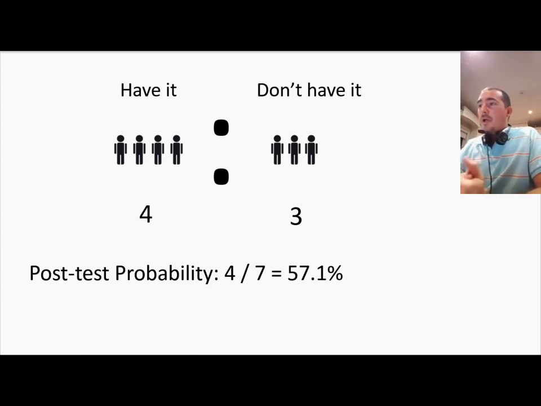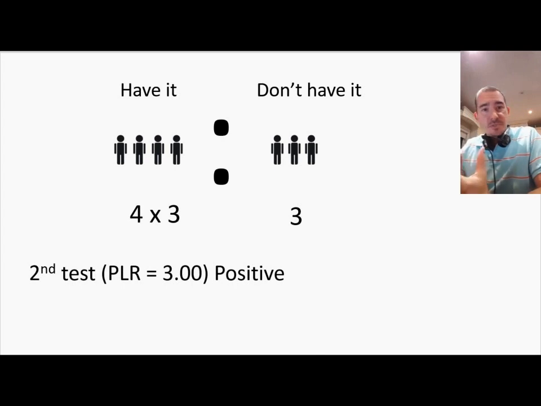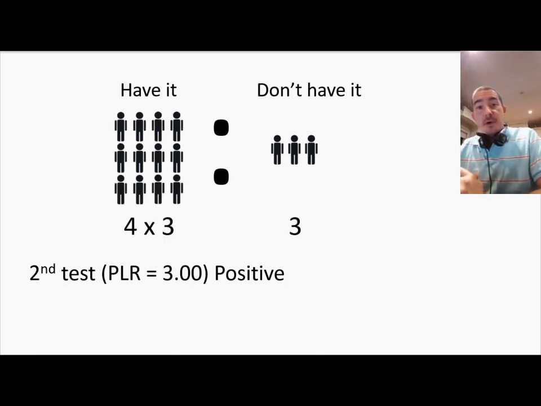Now let's say we apply our second clinical test. This one was a bit more moderate in its discriminative validity. It had a positive likelihood ratio of 3. If again it's positive, we again multiply our pretest odds by our positive likelihood ratio, and now we end up with 12 to 3 odds.